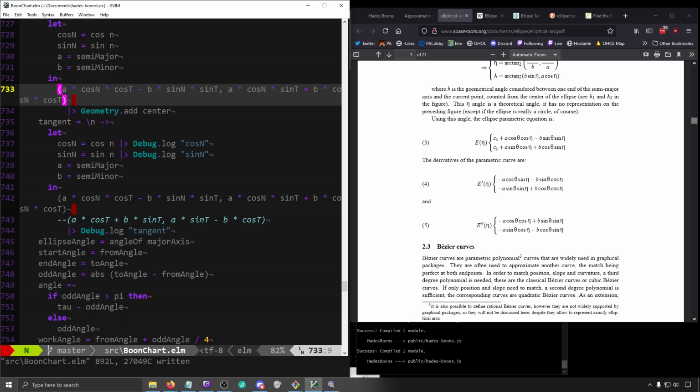All right. So the two angles are flipped here because of the way he pulled out the terms.